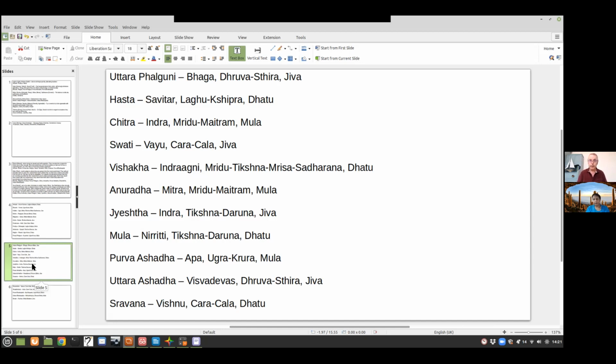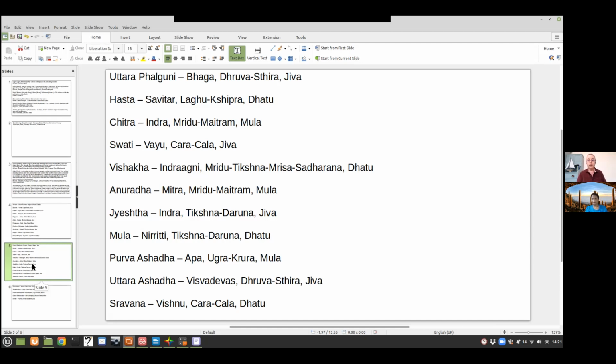Jeshta is also connected to Indra, and it's a Tikshna Daruna and a Jiva nakshatra. Mula nakshatra, not to be confused with Mula kingdom, is Niriti, which is the goddess of dissolution and destruction. And it's a Tikshna Daruna and a Dhatu Nakshatra.